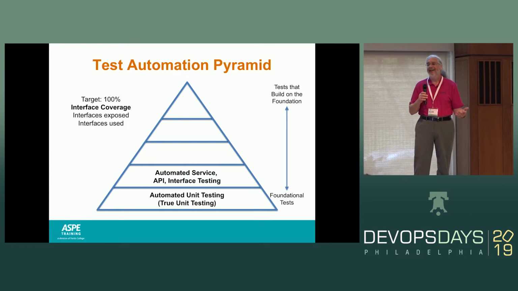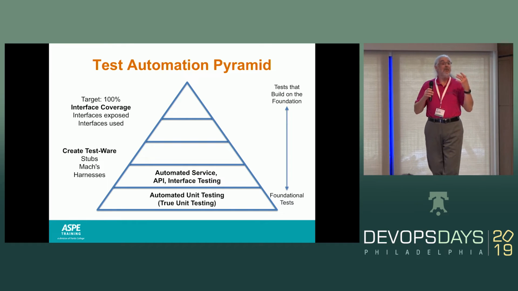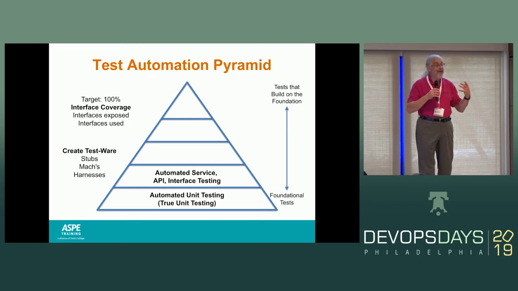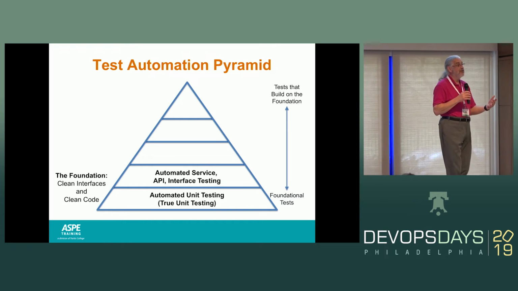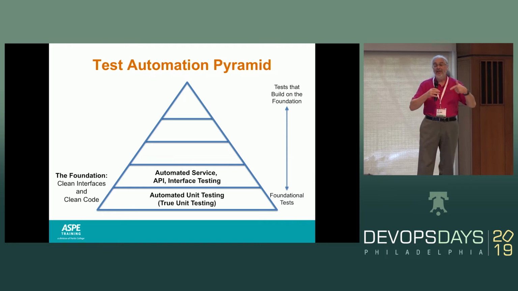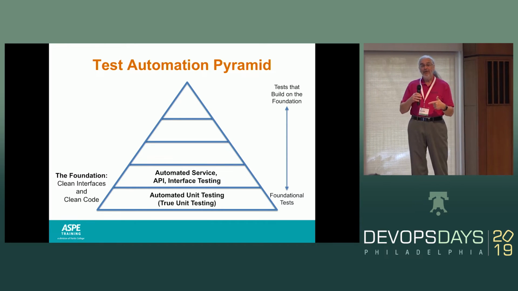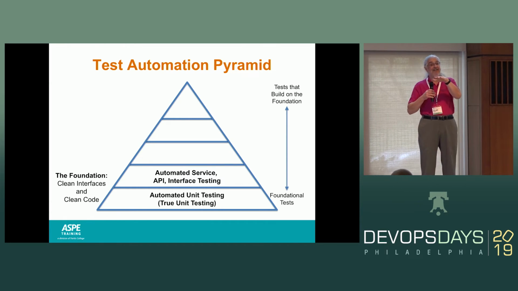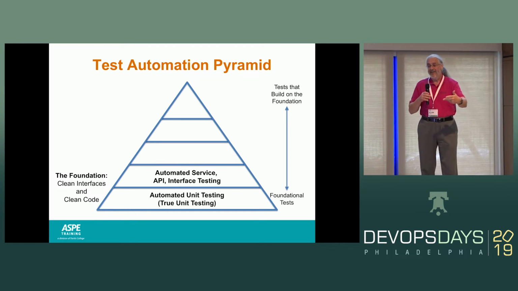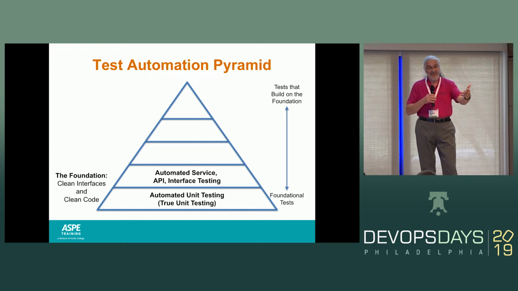We're going to have to write stubs. We're going to have to mock things out, right? If we're using somebody else's interface, mock it out, whatever. We have to write testware in order to do a good job of testing to be sure the interface meets the interface contract. But when we do, now we have clean code and clean interfaces, and that sets us up for the next layer of the pyramid, which is functional testing.